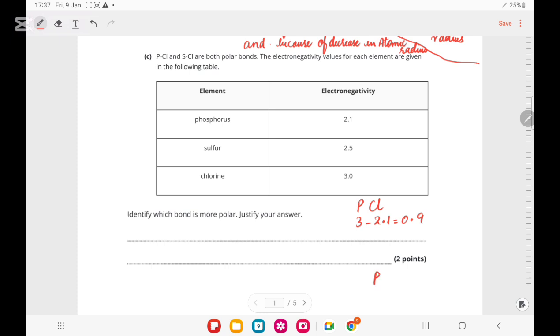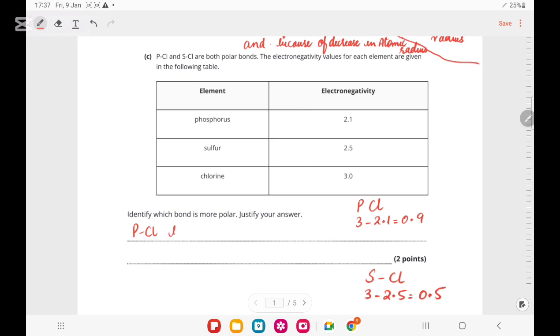And the other one is going to be S-Cl. Its electronegativity difference is 3 minus 2.5, that is 0.5. So the answer is going to be P-Cl.